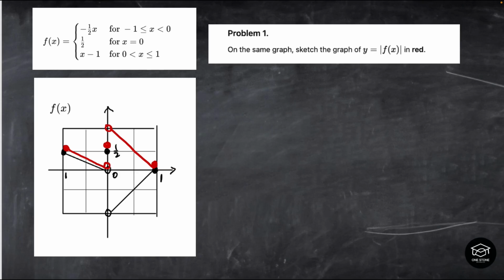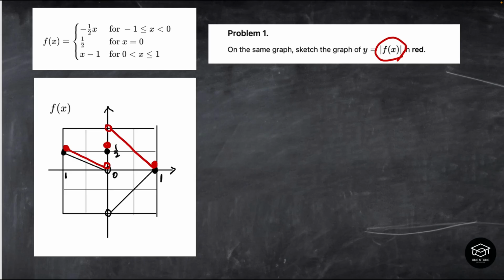At x equals 0, f(0) equals 1/2, so the absolute value is still 1/2. On the interval from 0 to 1, f(x) equals x minus 1, which is less than or equal to 0. The absolute value makes it positive, so the rule becomes 1 minus x.